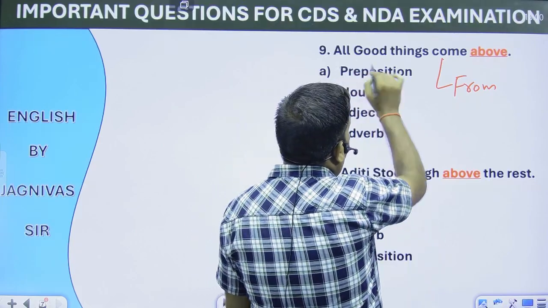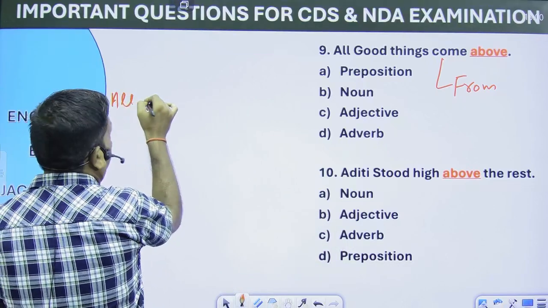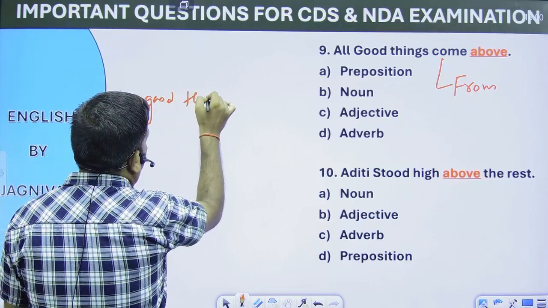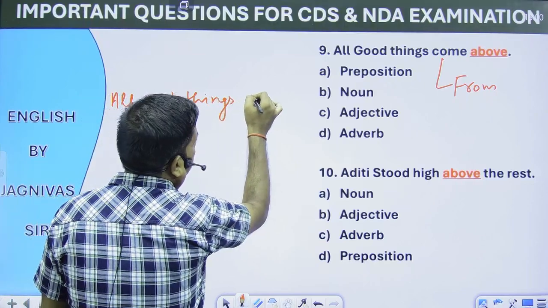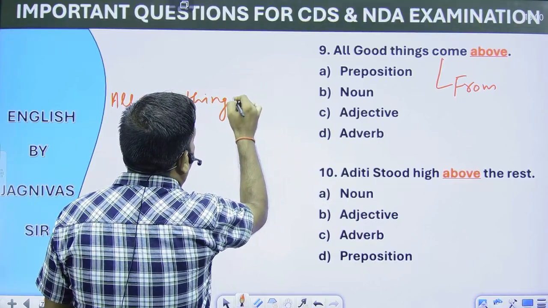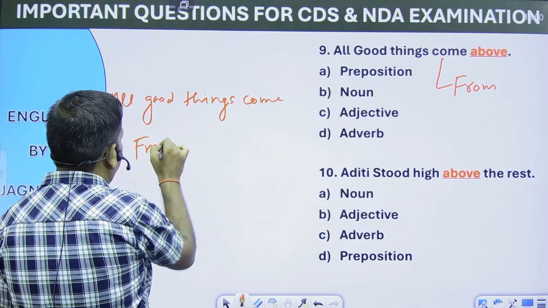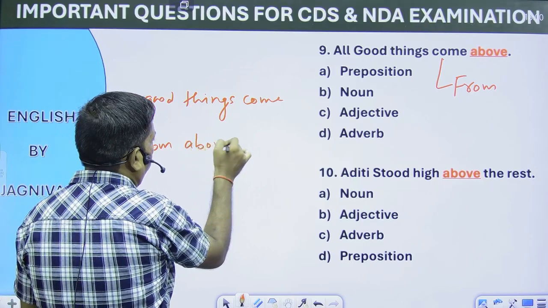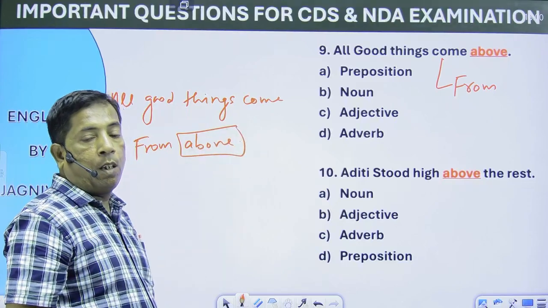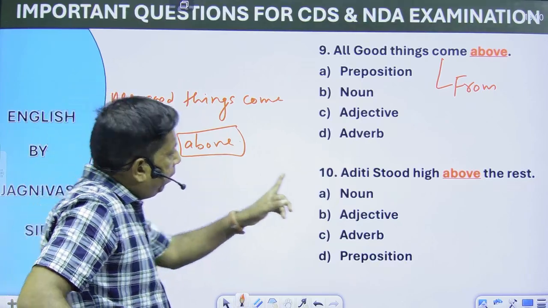The sentence should be: all good things come from above. You have to find out the part of speech of above in this sentence, and you have to compare this sentence with the tenth sentence.